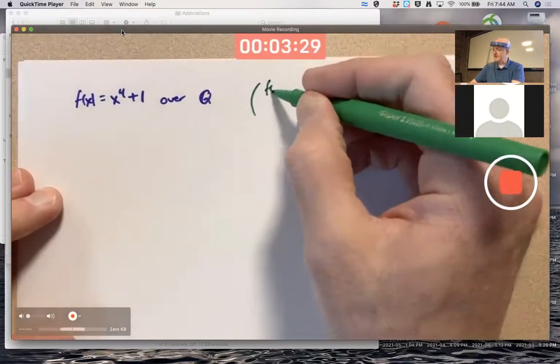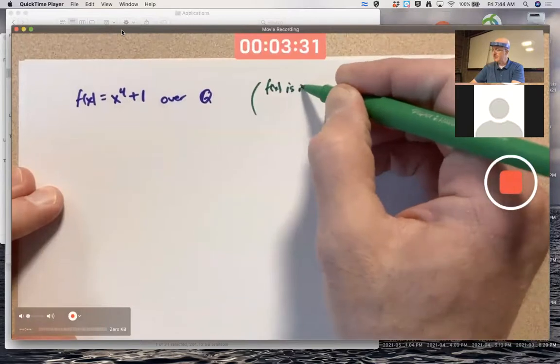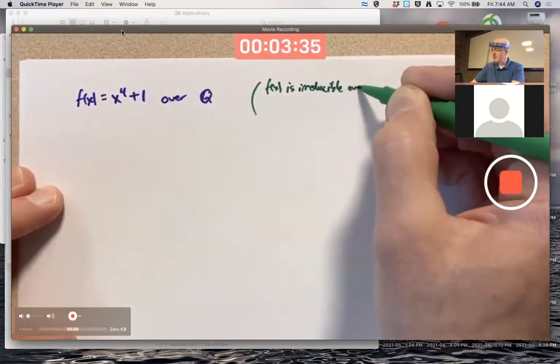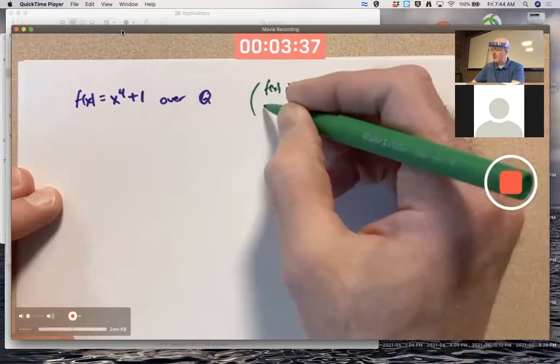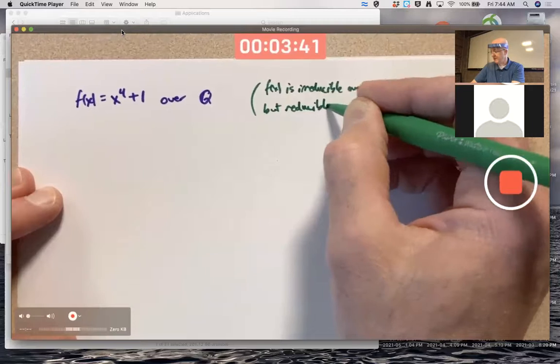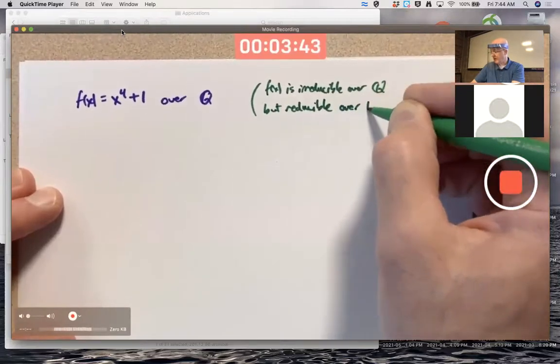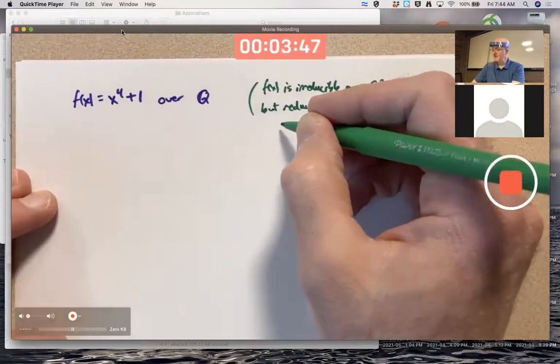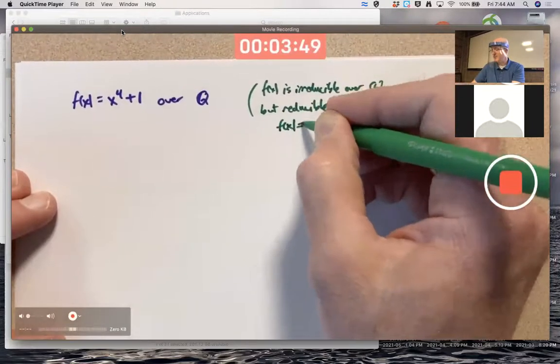So f of x is irreducible over Q, but reducible, just as a comment, over R. You can factor it as the product of two quadratics.